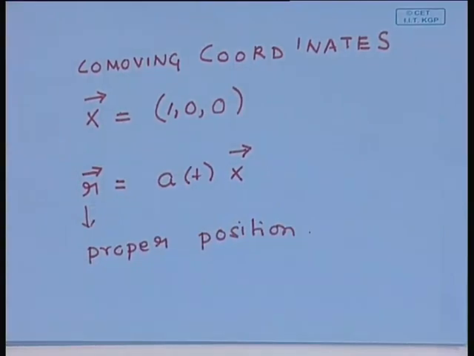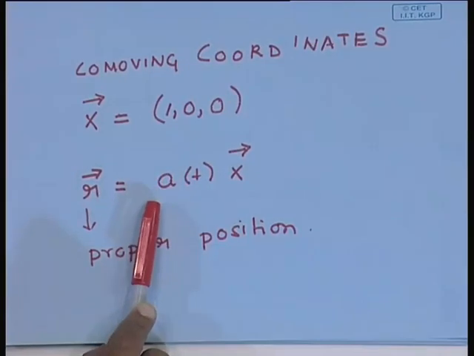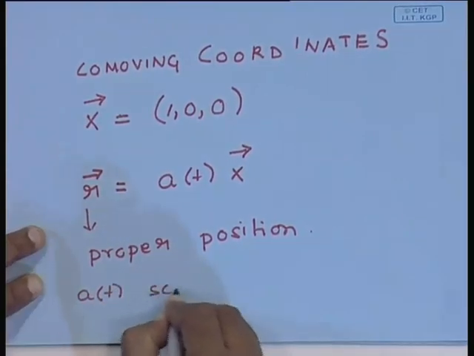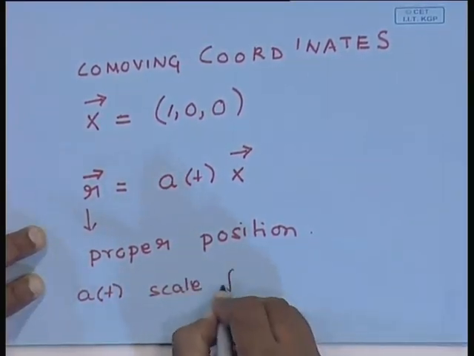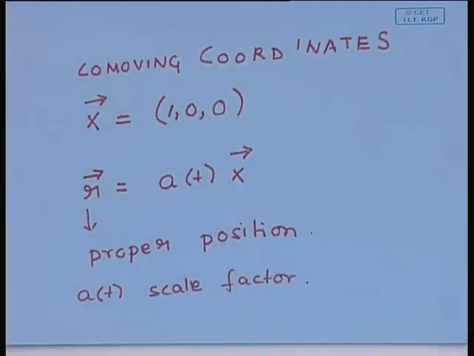So, we have introduced a coordinate system which is expanding with the galaxies. The position of the galaxies remains fixed. The spacing between these grid points changes according to this function a(t), called the scale factor. It is a function of time.